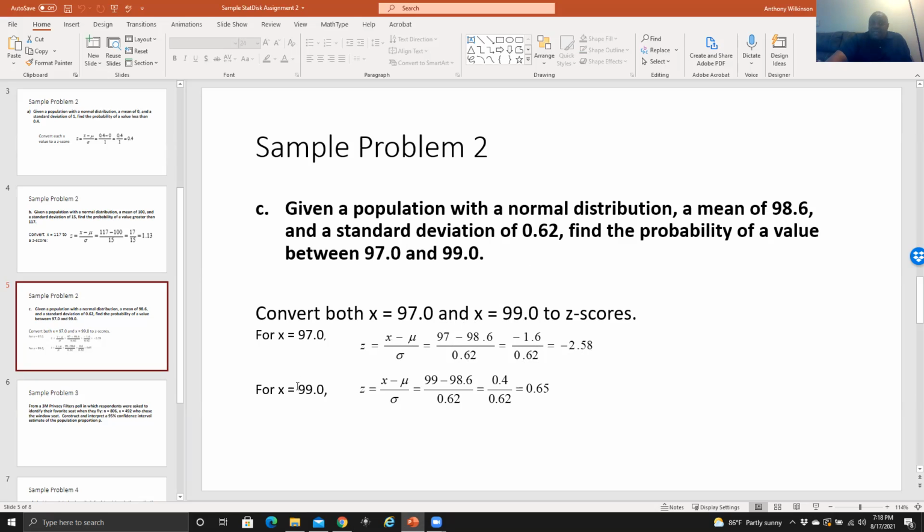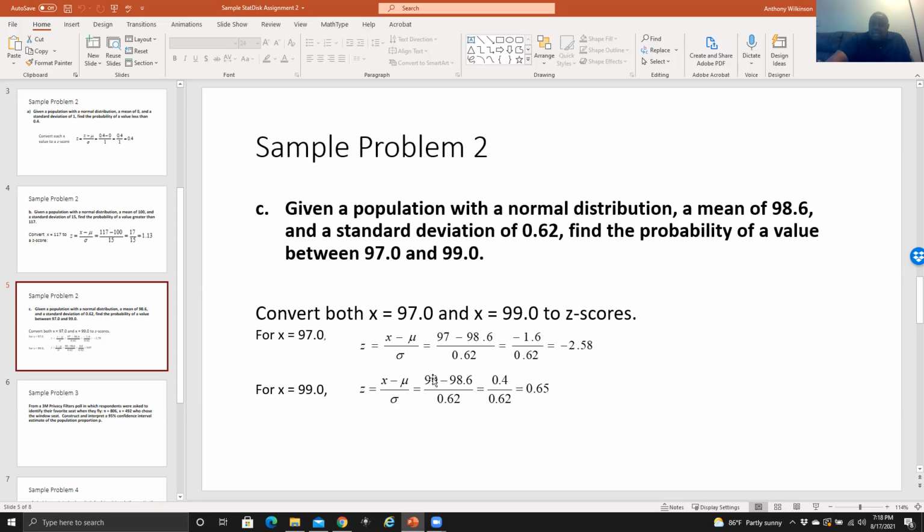And then the z-score for 99, we convert that using the z formula. Z is equal to x minus mu, all divided by sigma. Here, x is 99, minus your mean, mu, 98.6, divided by sigma, the standard deviation, 0.62.